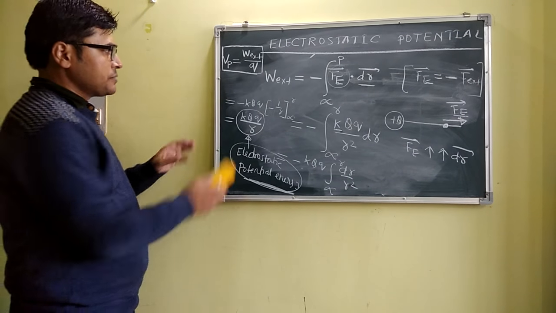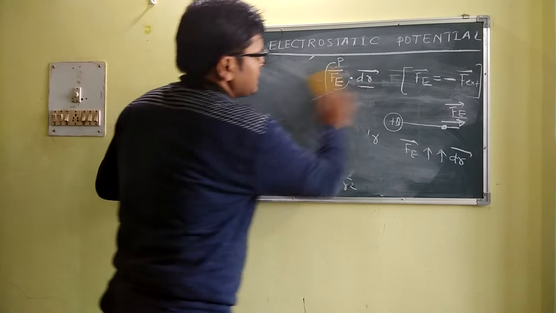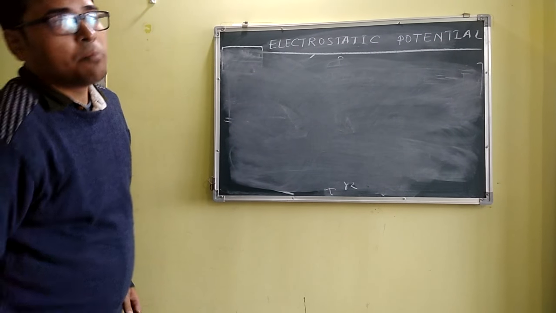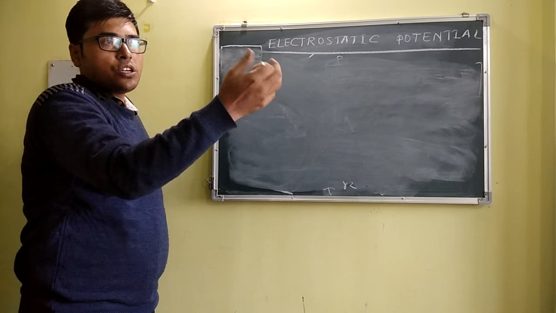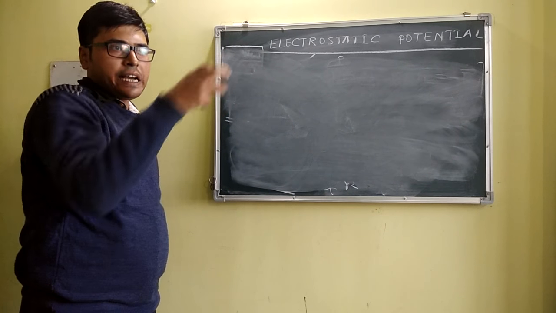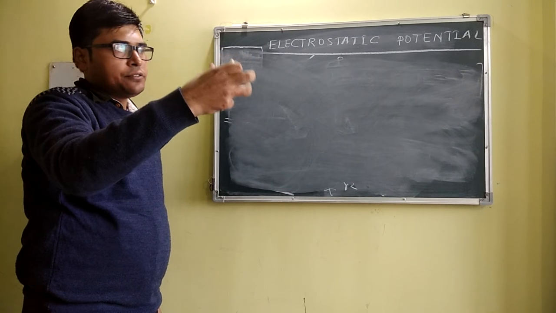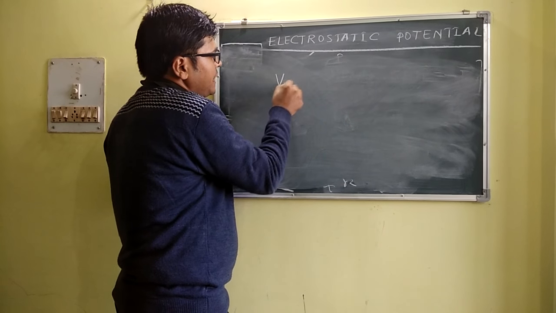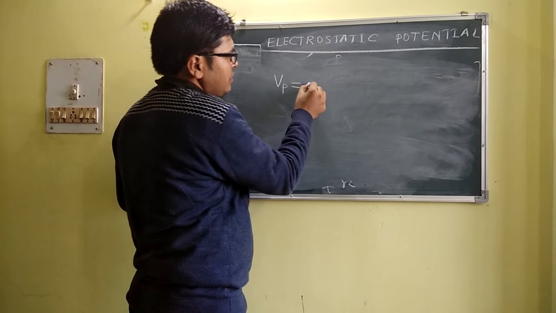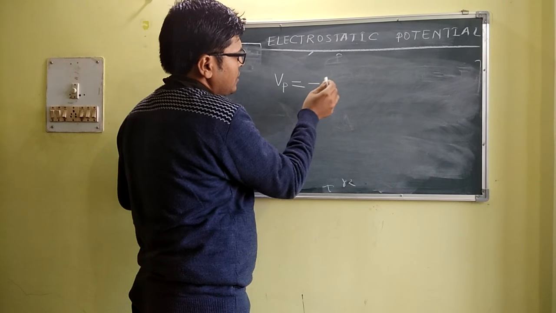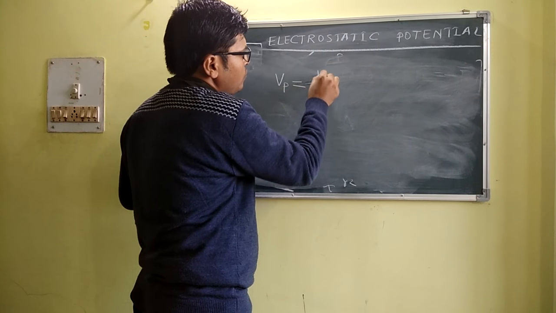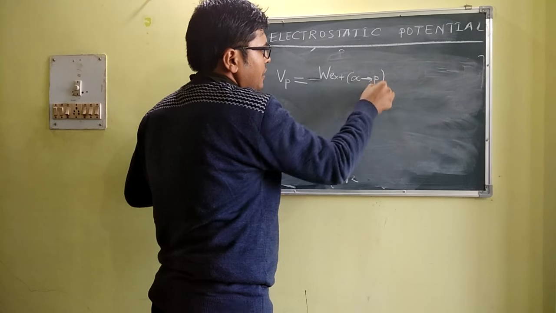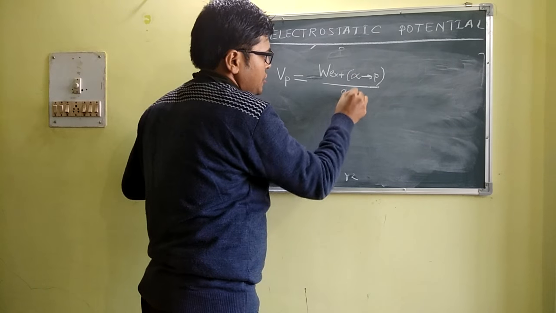We can define it as the work done per unit charge while we move from infinity, from a very large distance, to some point inside the electrostatic field. So potential at point P can be defined as the negative of W external that we did from infinity to point P divided by test charge Q.